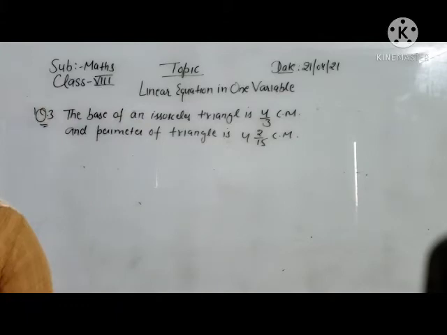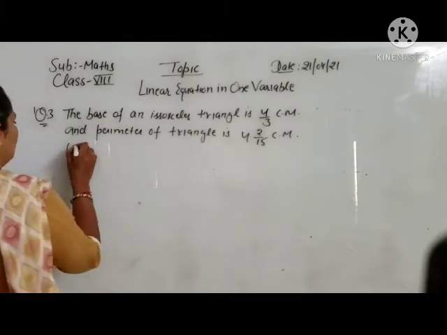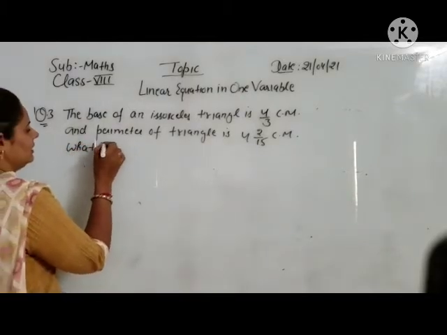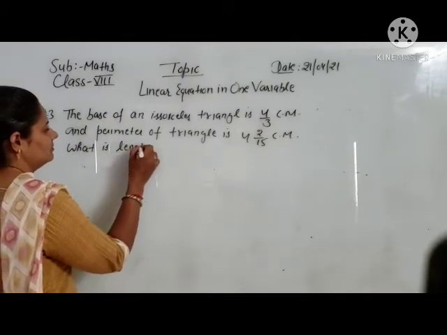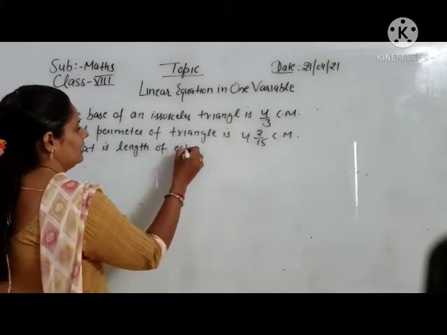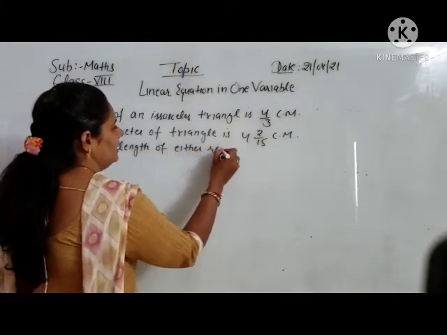The base of an isosceles triangle is 4 by 3 centimeter and the perimeter is given as 4 2 by 15 centimeter. So what is the length of either of the remaining equal sides? You have to find the length of either of the remaining sides.